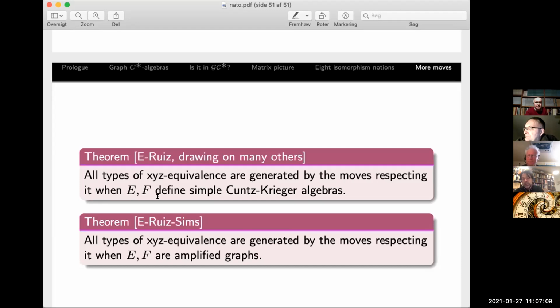I mean, you could take something with infinite emitters and some K1 or something like that, and there's a situation, I'm not exactly remembering precisely what it is, we don't know, but there's various kinds of isomorphisms, automorphisms at the level of the K-theory. We don't know if we can make it with moves or not. So that's the same as saying that this isomorphism comes from a graph operation or something, graphy, whatever that means.